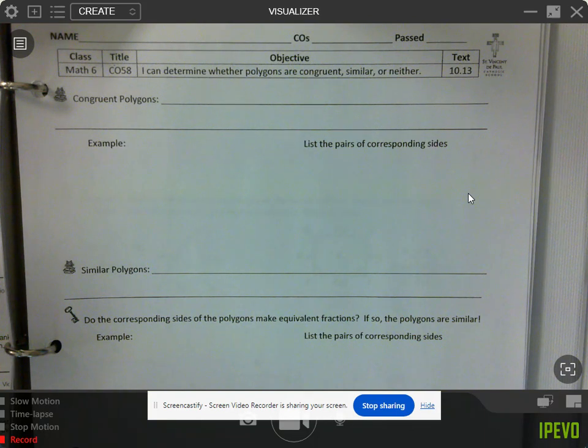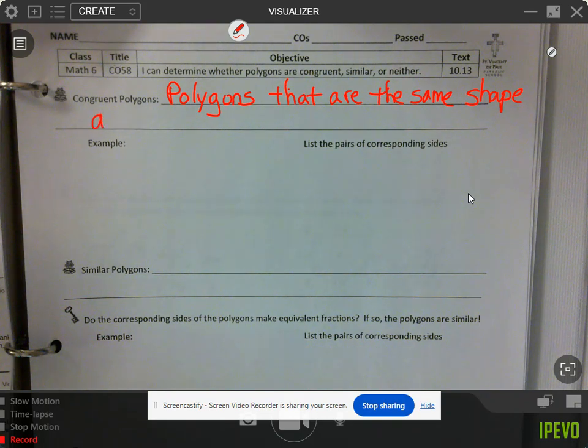Jimena? They're all equal. So congruent polygons are going to be all the same measurements. They are going to be identical. They will be exactly the same. So congruent polygons are polygons that are the same shape and size.